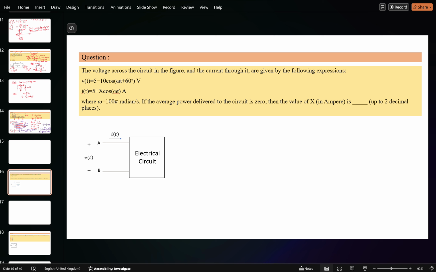Try to solve it faster so that we can move to the mutual and self-inductance part, which will be helpful to solve the assignment 5.